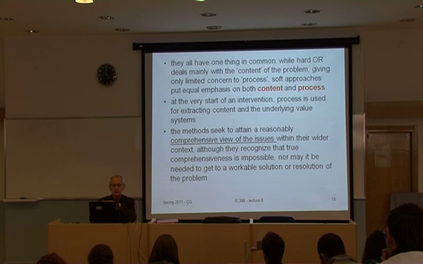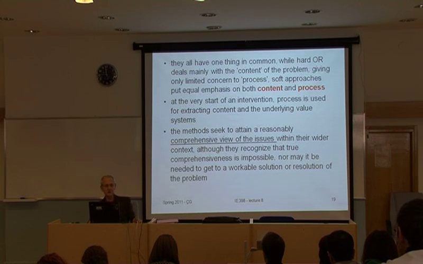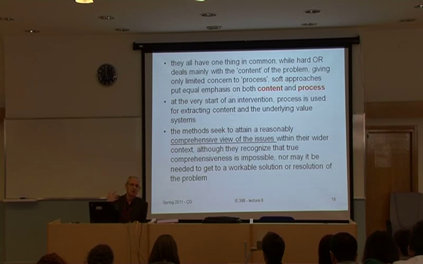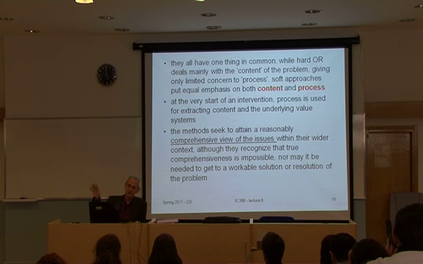At the very start of an intervention, process is used for extracting content and underlying value systems. The probing of the issues at the beginning is all about process. When you answer all the what questions and then focus on the how questions, then content will become important, perhaps.